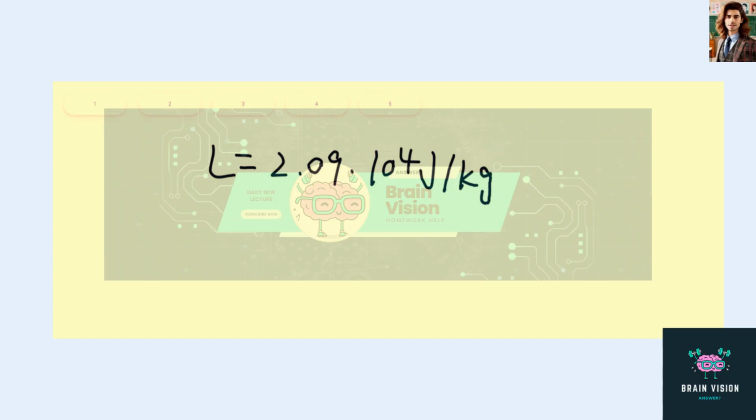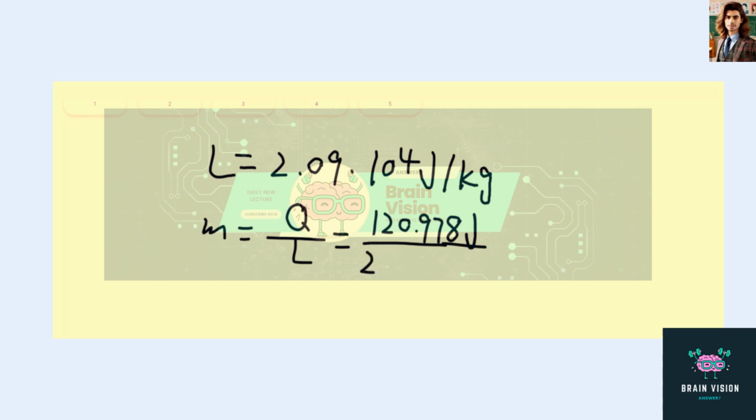So now we have the heat and the latent heat, so we can determine the mass of helium that is burned off, which is M equal to Q divided by L. This will give us 120.978 joule divided by the latent heat, 2.09 times 10 to the power 4 joule per kilogram.